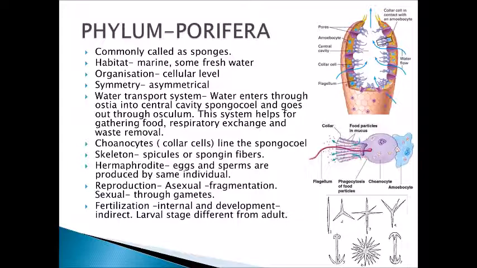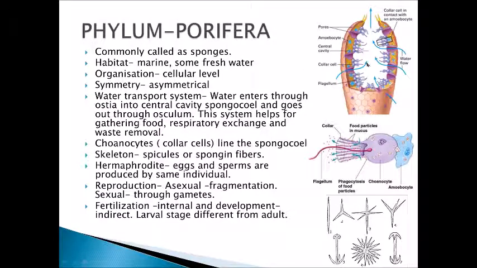Special types of cells called choanocytes or collar cells are present in the spongocoele lining. Here you can see these cells. These are the collar cells and they are lining the spongocoele. This is the cavity.